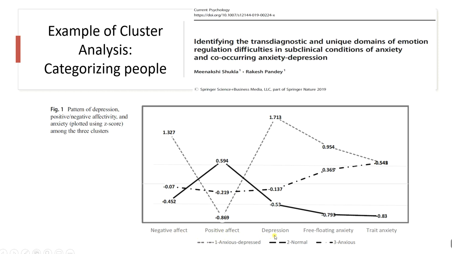We also administered a depression scale and anxiety scales which assessed free floating or neurotic anxiety and trait anxiety. Then we tried to see whether people differ in terms of these psychological dimensions, that is negative affect, positive affect, depression.